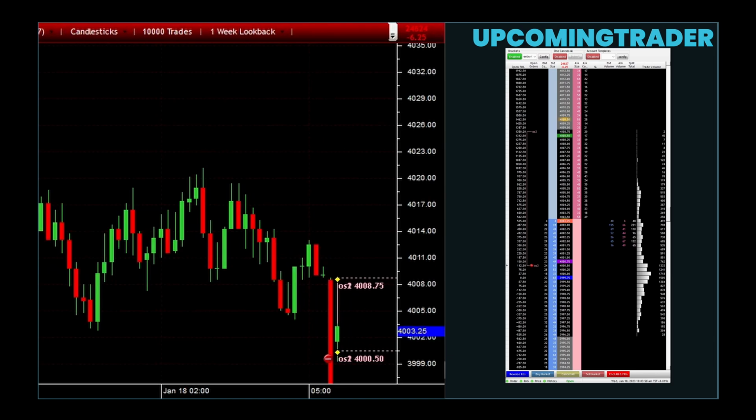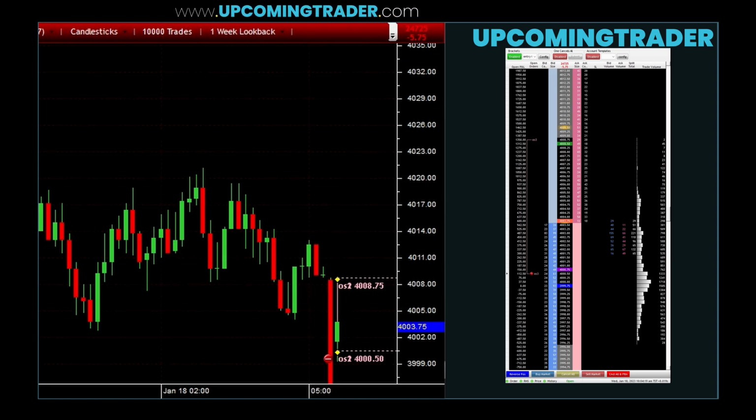Similarly, for continuation patterns like flags or pennants, increasing volume on a breakout indicates that the trend is likely to continue. Another common pattern is the double top or double bottom. In these patterns, volume plays a key role in confirming a potential reversal.